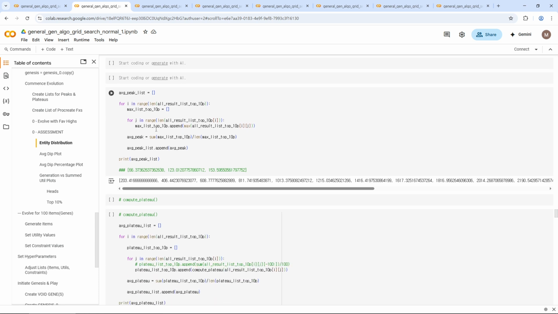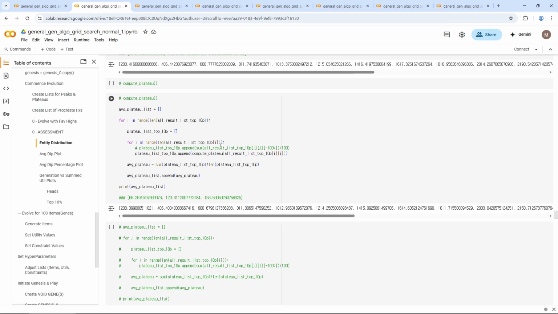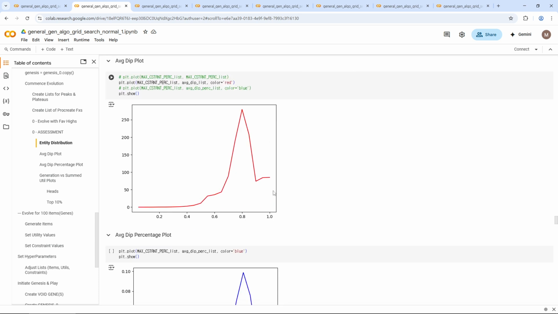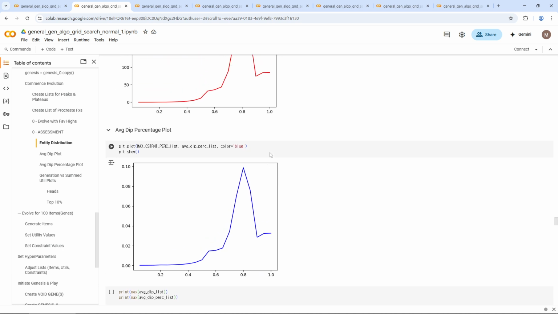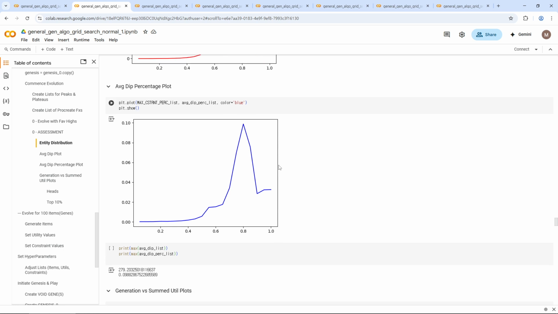And we calculate the average peaks and average plateaus, and we plot it out. So here, now that we're dealing with more than 10 items, in this case 40 items, this happens. The average dip percentage, or the average dip size, just plummets after some maximum constraint percentage value.